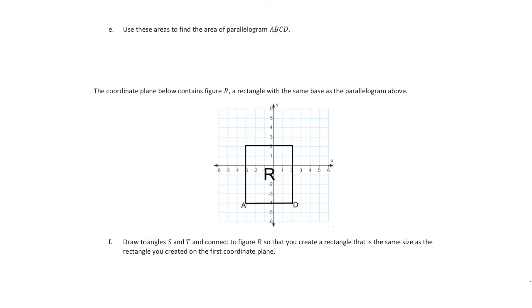It says use these areas to find the area of the parallelogram A, B, C, and D. To find the area of our parallelogram, we have the area of the parallelogram equals the area of the rectangle minus the area of S, which is one of our triangles, and minus the area of T, which is our other triangle.